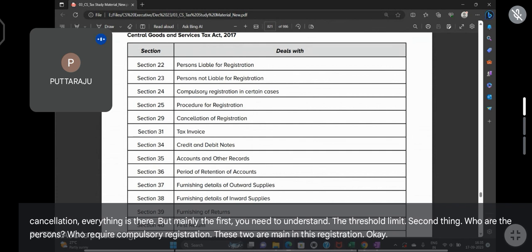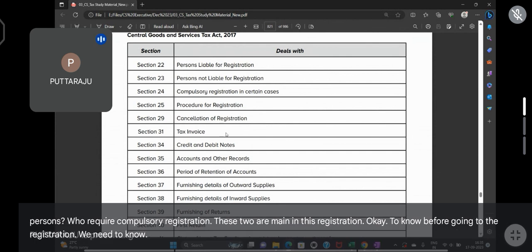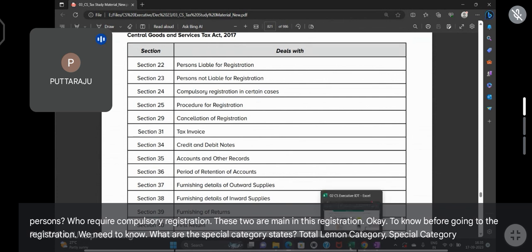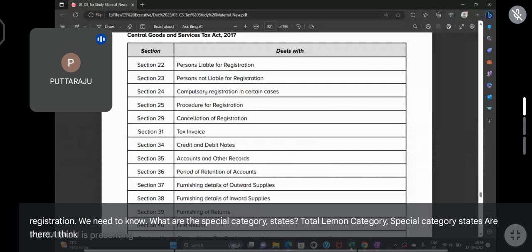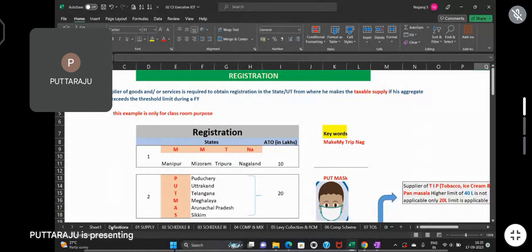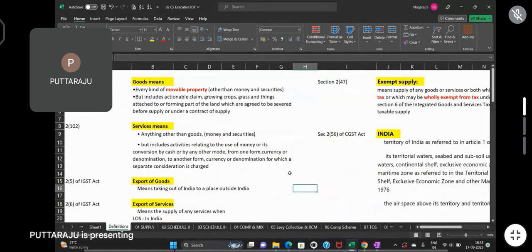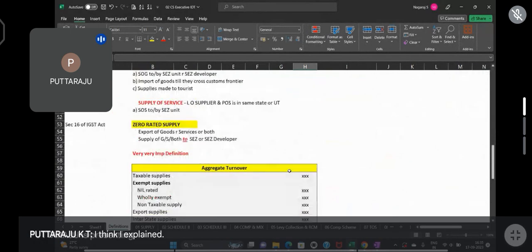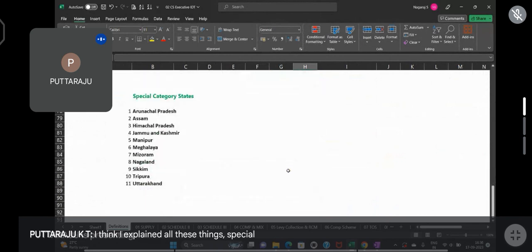Before going to registration, we need to know what the special category states are. Total 11 special category states are there. I explained all these things.